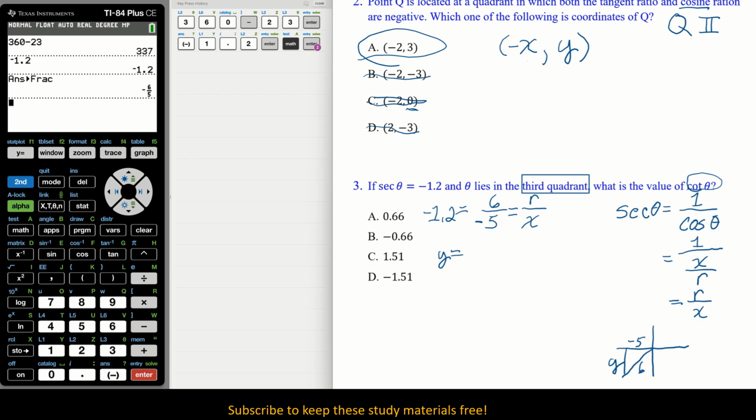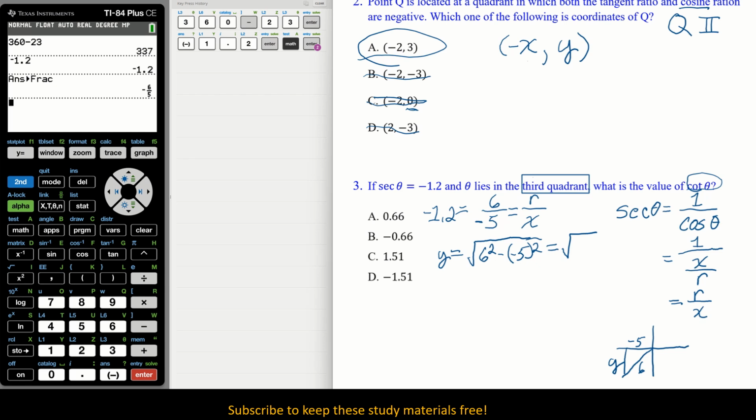So y equals, looking at our little triangle here, the square root of 6 squared minus 5 squared. I'm going to leave it as the value and not do the decimal quite yet.